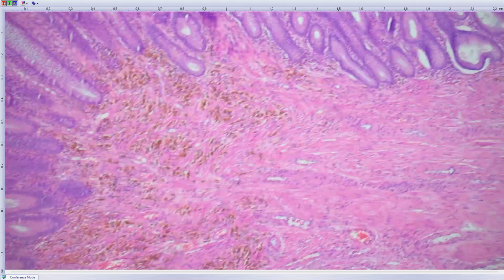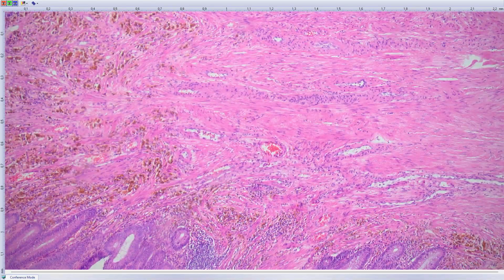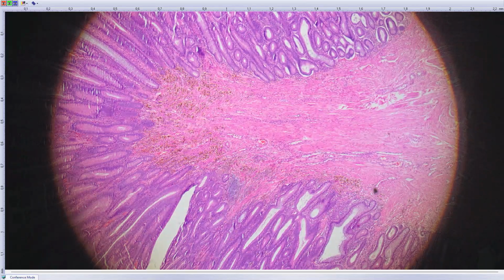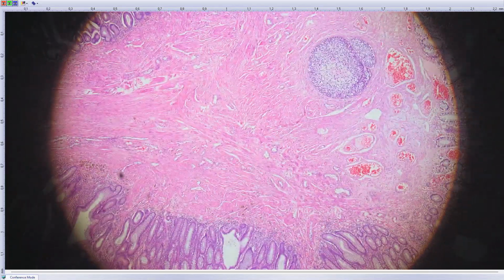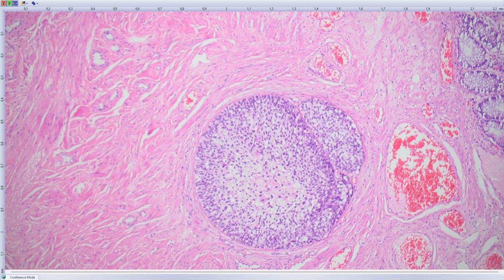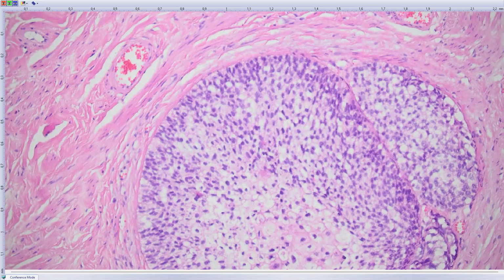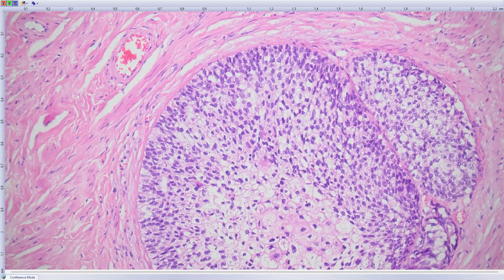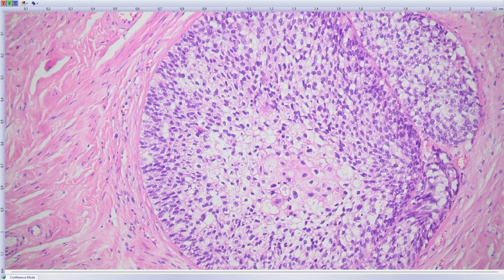We've got some hemosiderin, maybe some smooth muscle bundle, so there are signs of prolapse of this polyp. And this nest here, which looks squamoid or squamous, and indeed immunohistochemically was positive for CK7, p40, p63.